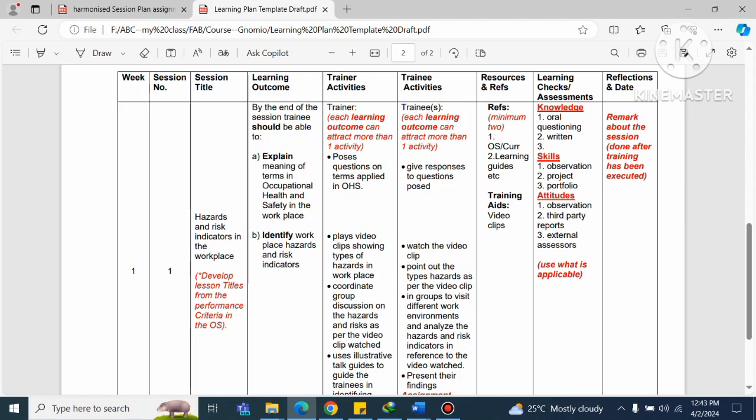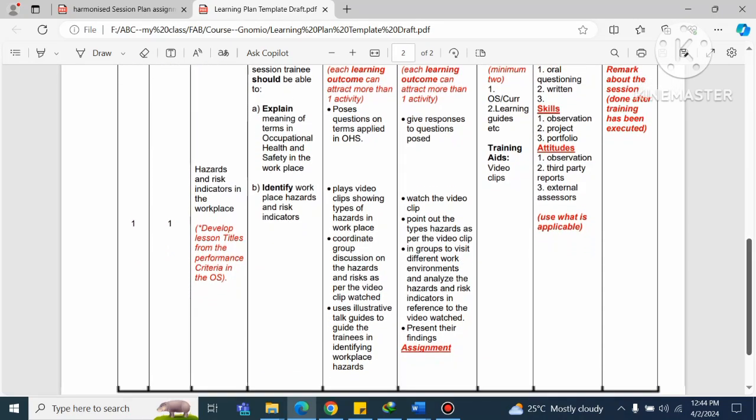You can also assess skills by observation, like a project or a portfolio. We can also assess the attitudes of the students by observation or external assessors. You assess knowledge, skills, and attitudes depending on the activities that you are getting into.